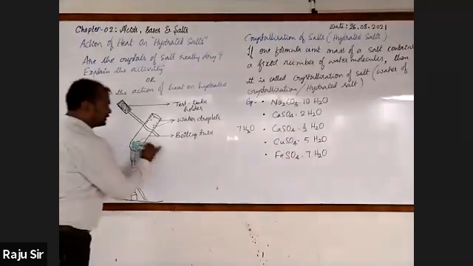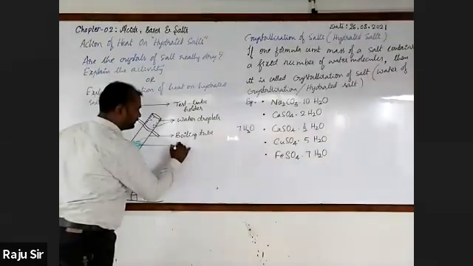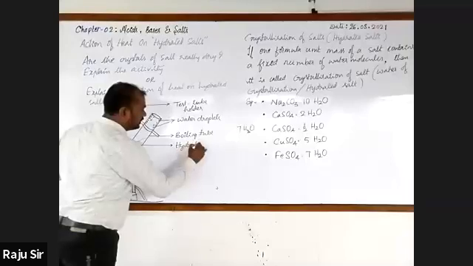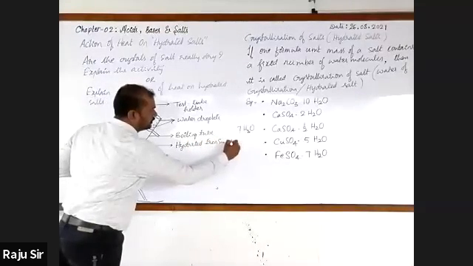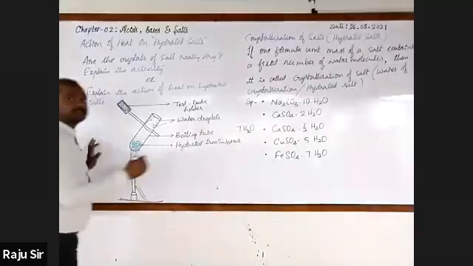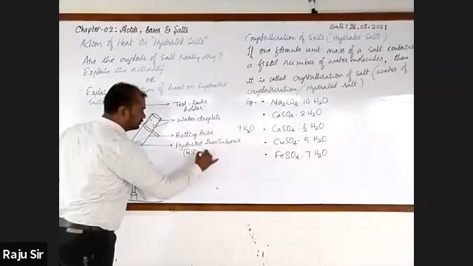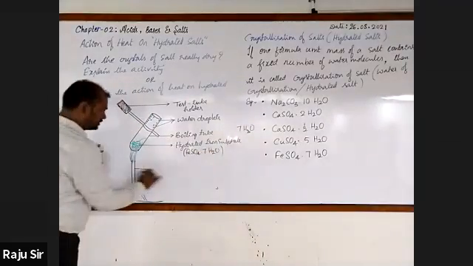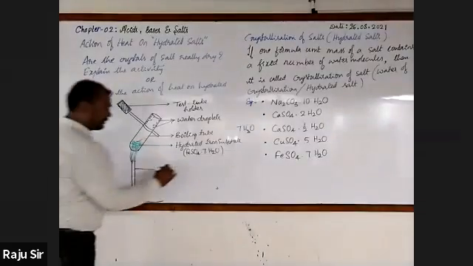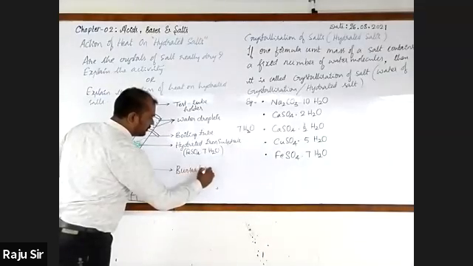Next, this is hydrated iron sulfate. In brackets, you may also write its chemical formula, that is FeSO4.7H2O. This is the Bunsen burner.